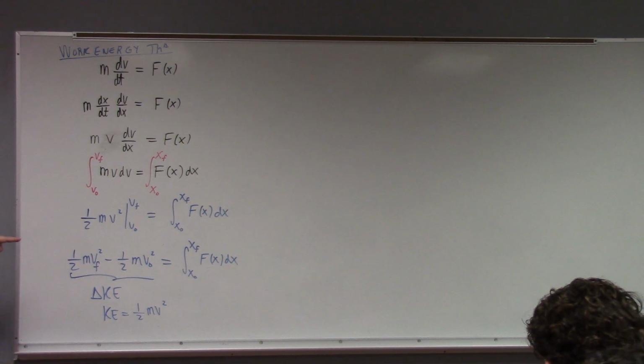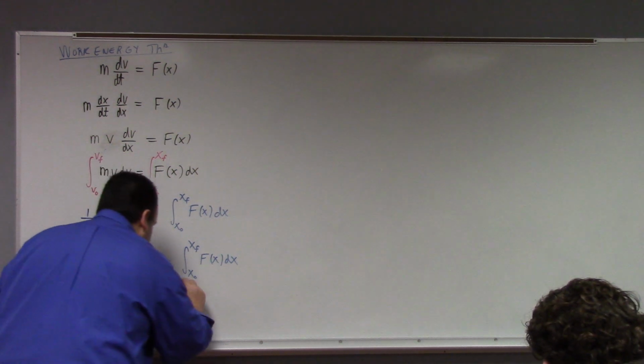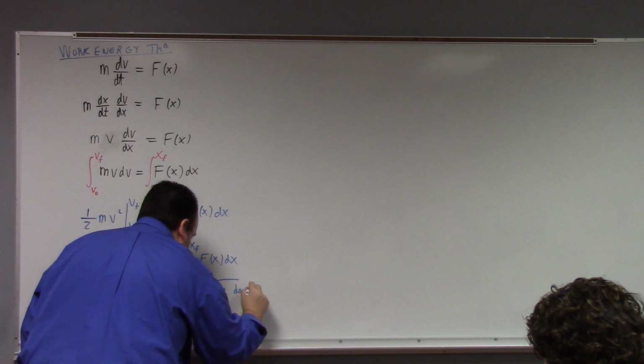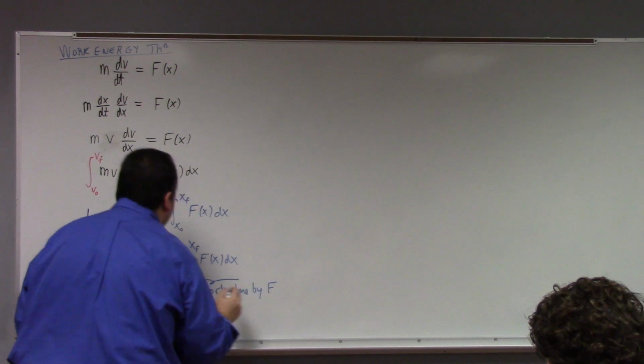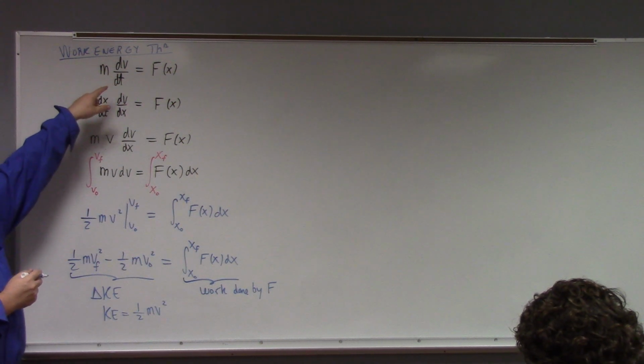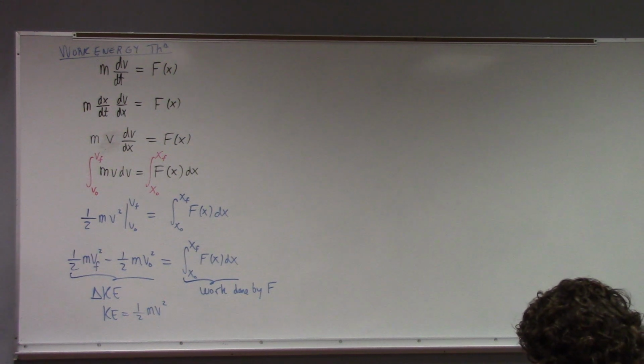On the other side, you're doing the integral of the force over the distance. That's the work being done by the force. This is work done by F. And what can you say about F? What kind of force are we talking about? If we've set ma equal to F, that means we're talking about the net force, right? So the net force is the one which is equal to the mass times the acceleration.